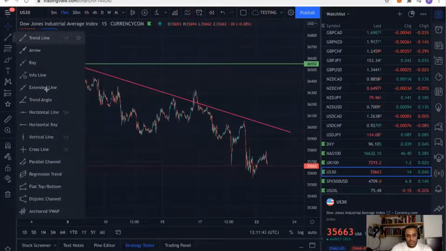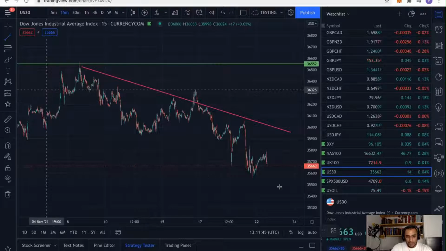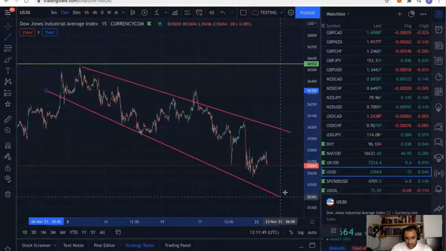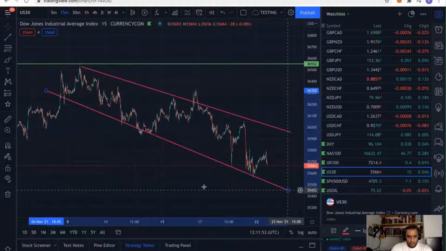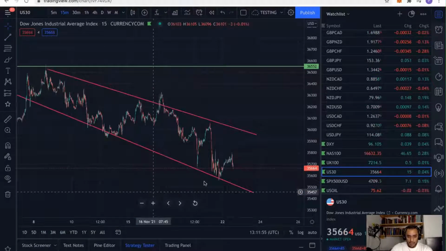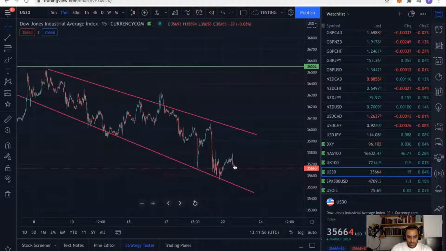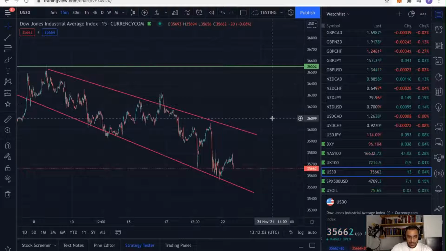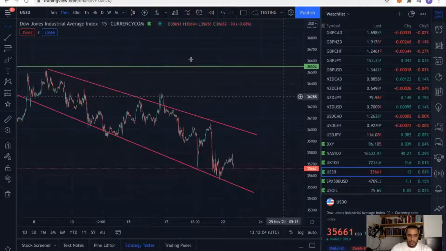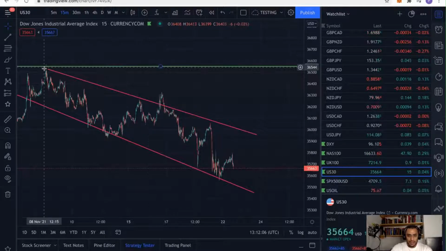We can potentially see a break, then a retest, and then potentially catch a good entry. At these levels, I wouldn't be surprised to see more bullish momentum, meaning as soon as this passes here, we could see it moving back to the upside, breaking this structure and reaching the all-time highs that it's recently made.